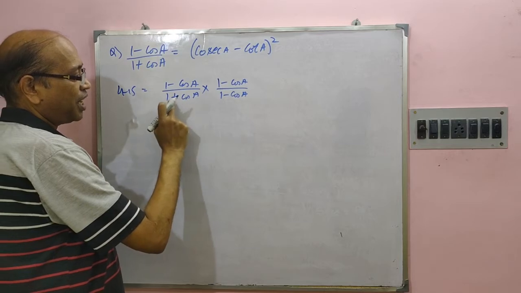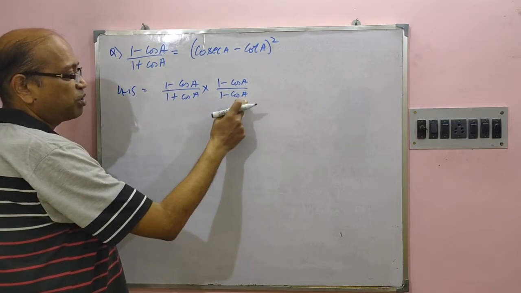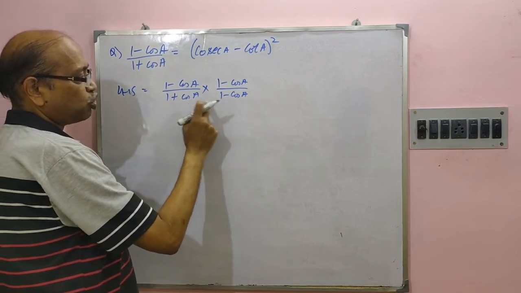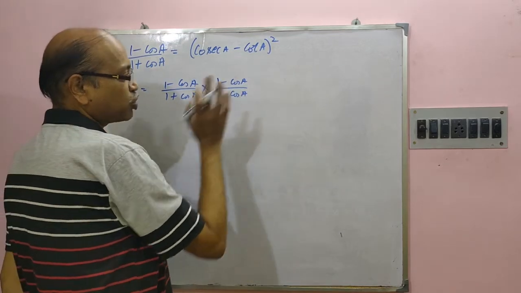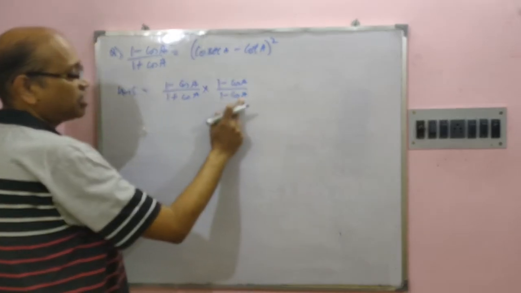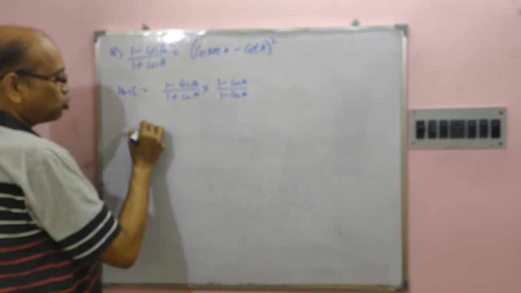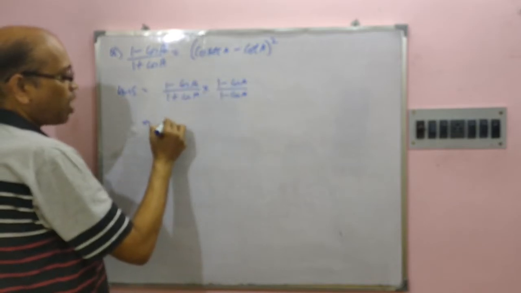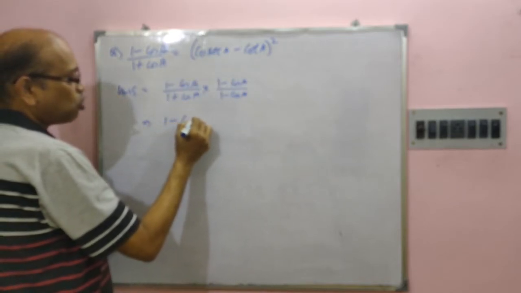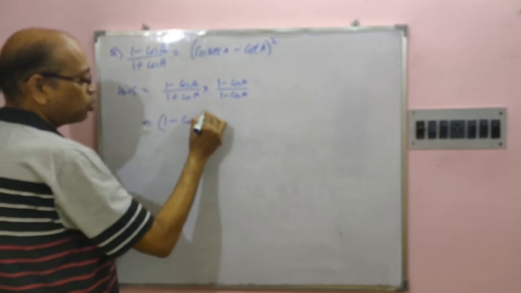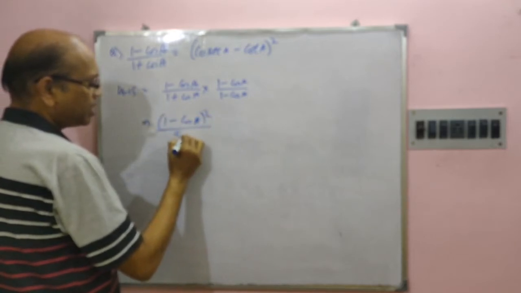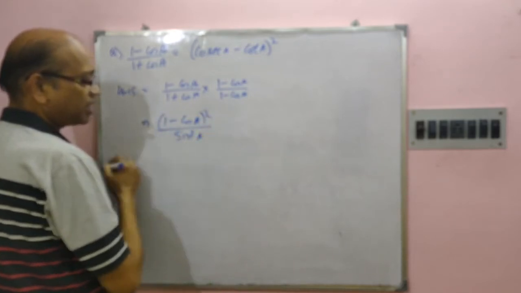Because A plus B into A minus B, this is 1 minus cos square A, which I will get as sin square A. So this is the reason I am taking it here. So this becomes 1 minus cos A whole square by sin square A.